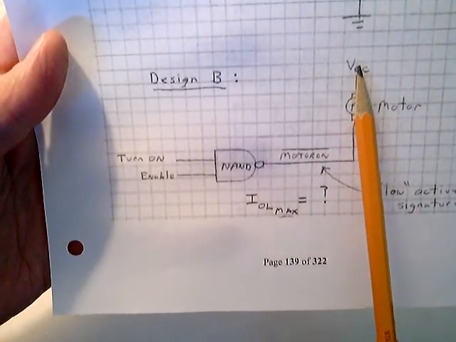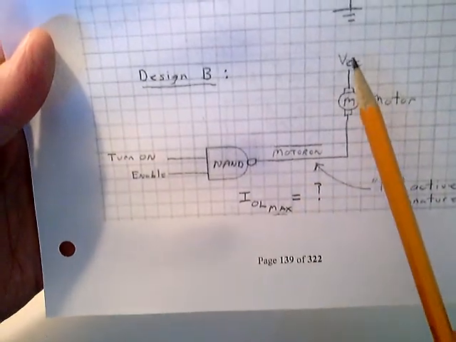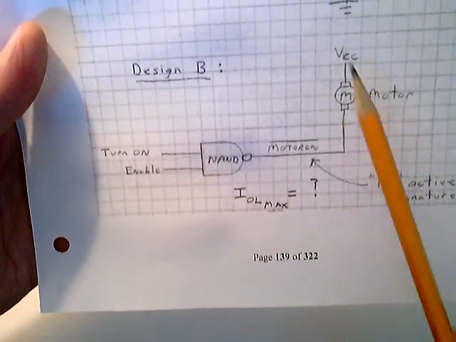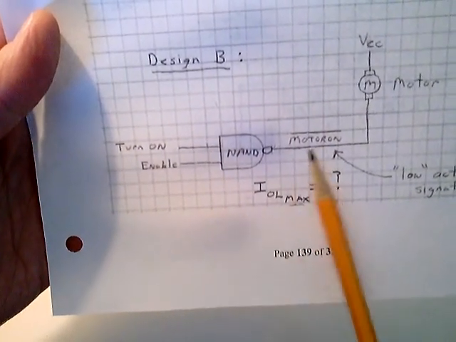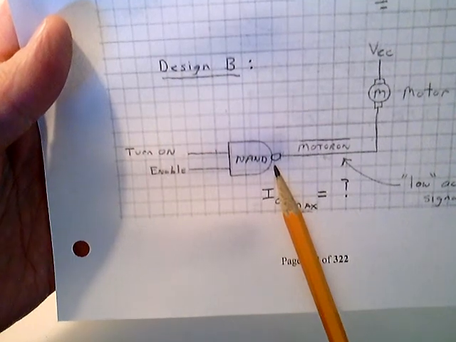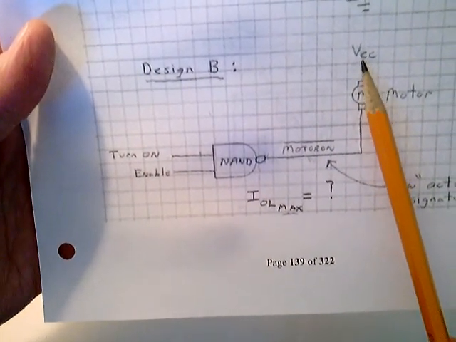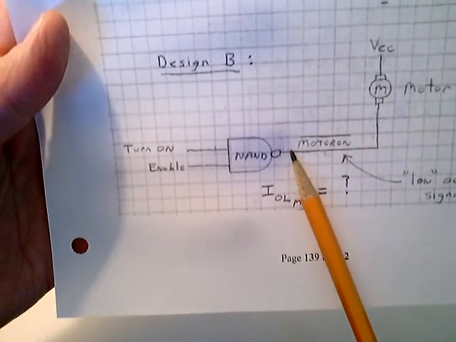You tie it to VCC. Think about that. You're just going to impress a voltage across here. When this is high here and this is a high all the time, you don't have any voltage across the motor. But what happens when this is a 1 and this is a 1 and the motor said turn on, low active, it goes 0. That bottom transistor turns on and you have current coming this way. Conventional current flows this direction and it is sunk.